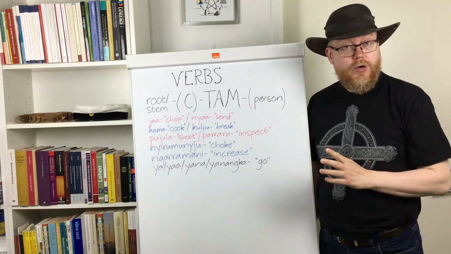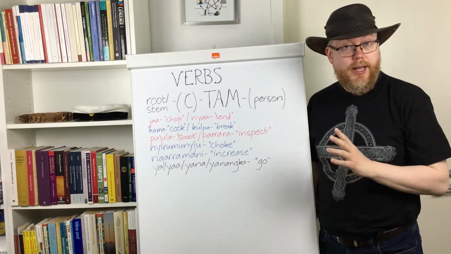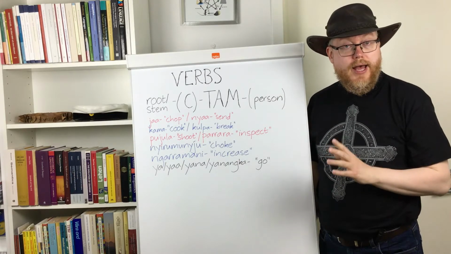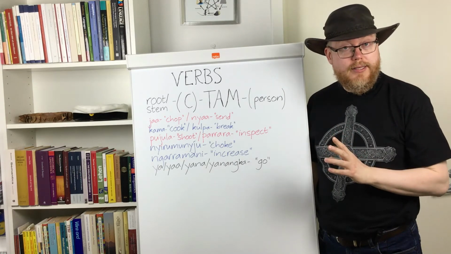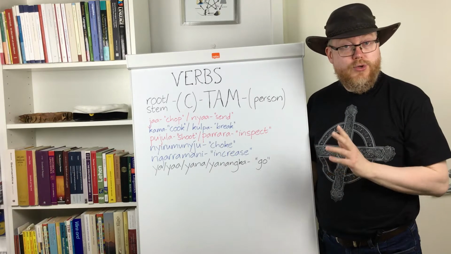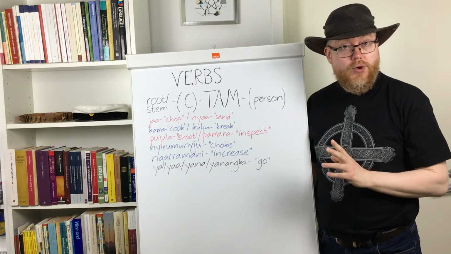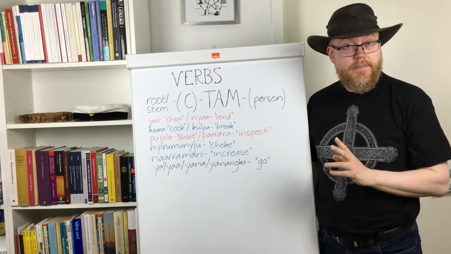And even though the verbs there can get fairly complex, it is a fact that in some non-Pama-Nyungan languages the verbs are much more complicated. But I will get back to the verbs of non-Pama-Nyungan languages at a later point in time.